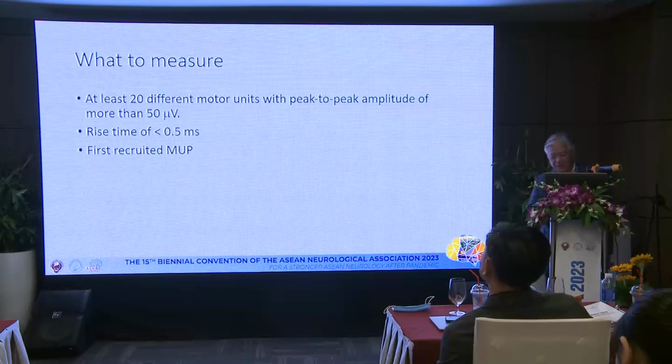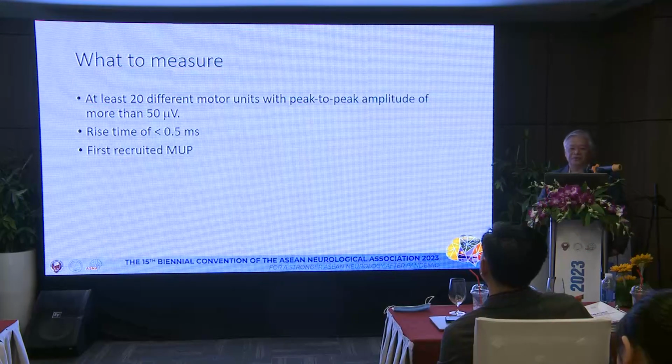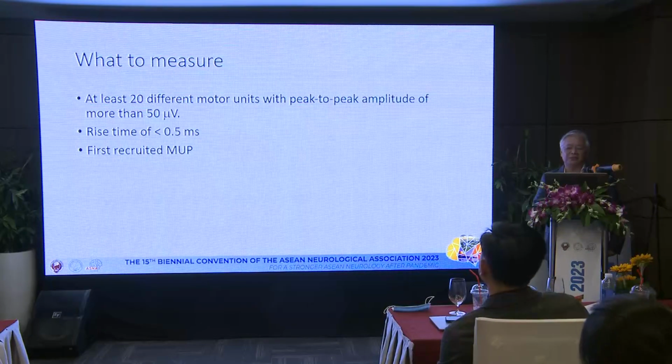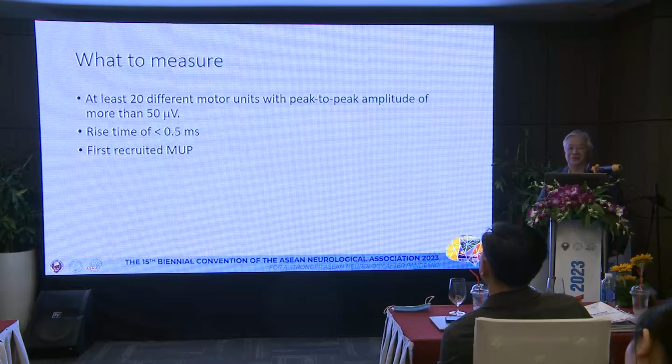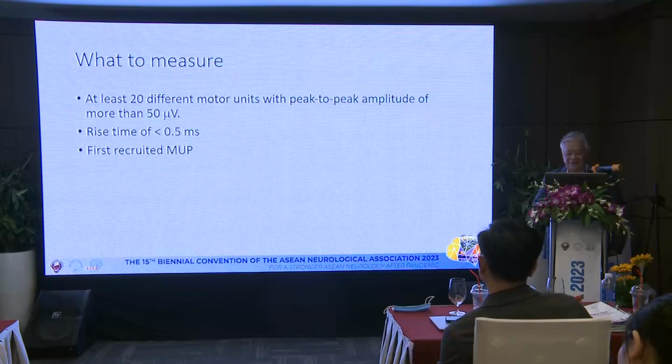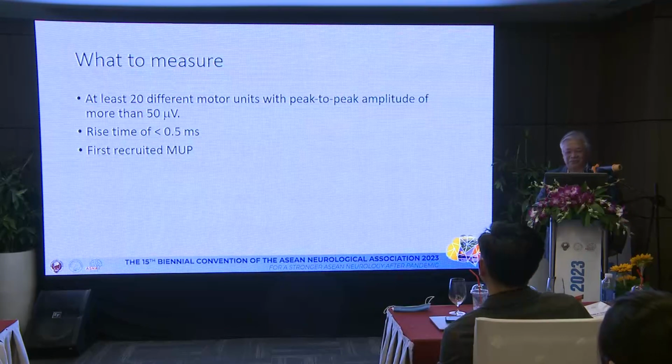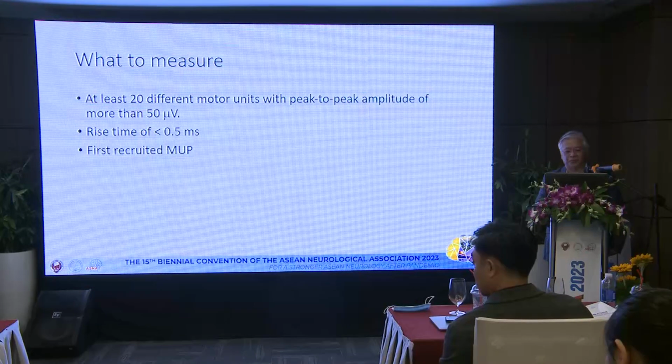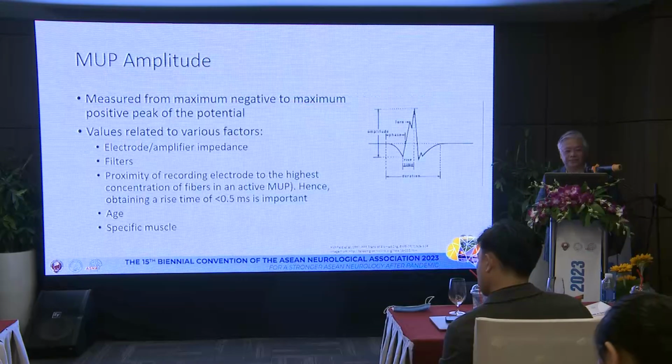To do quantitative EMG, you need to measure at least 20 motor units with a peak-to-peak amplitude of more than 50 microvolts, so that you don't accidentally measure fibrillation and positive sharp waves. The rise time has to be less than 0.5 millisecond, and the reason for that will be apparent in a second, and it has to be the first recruited units.